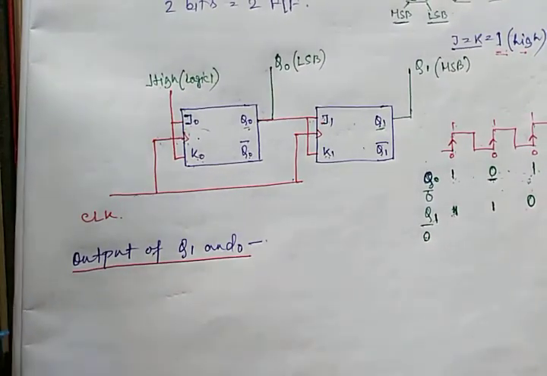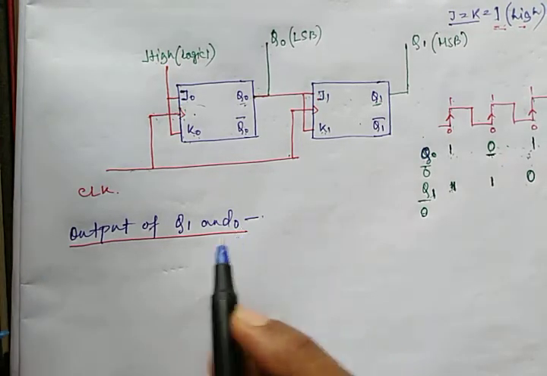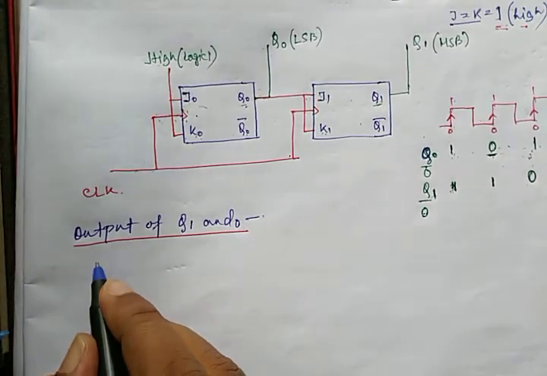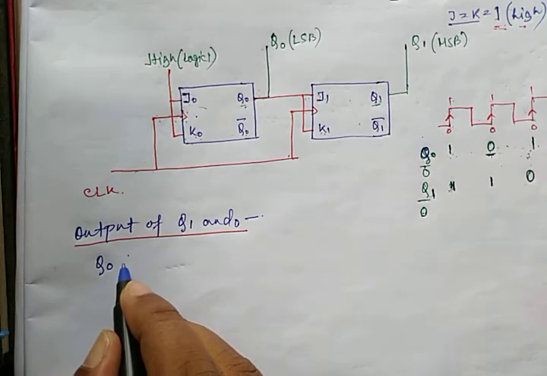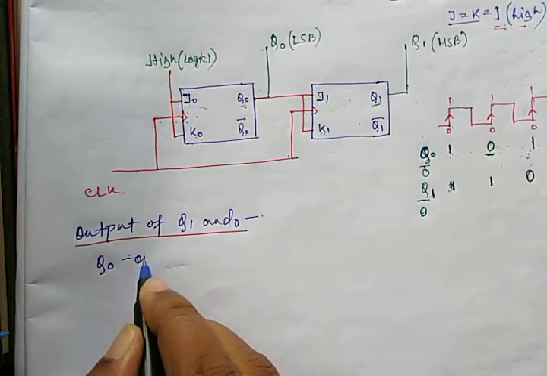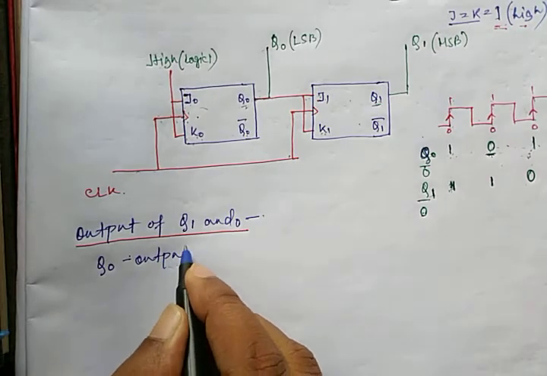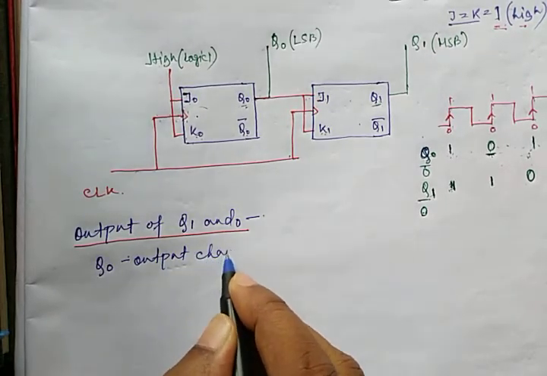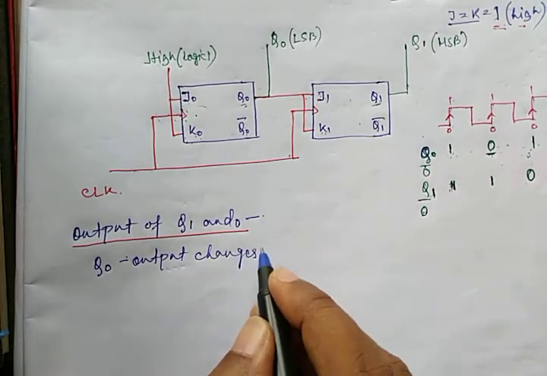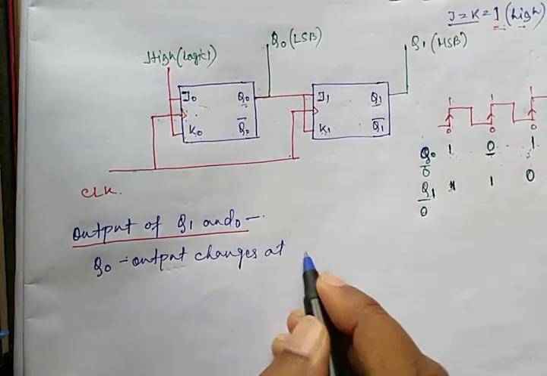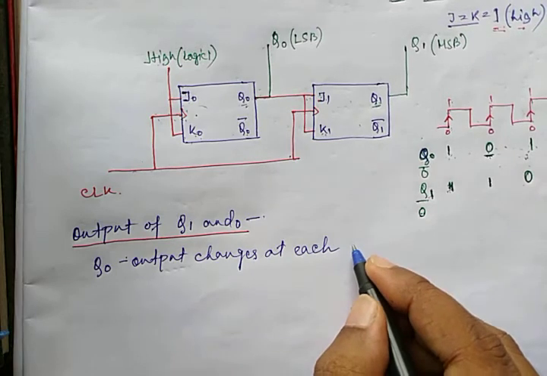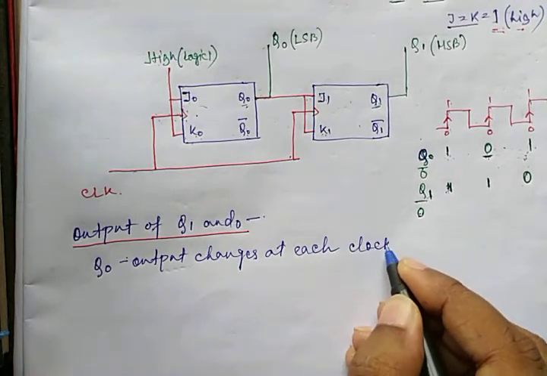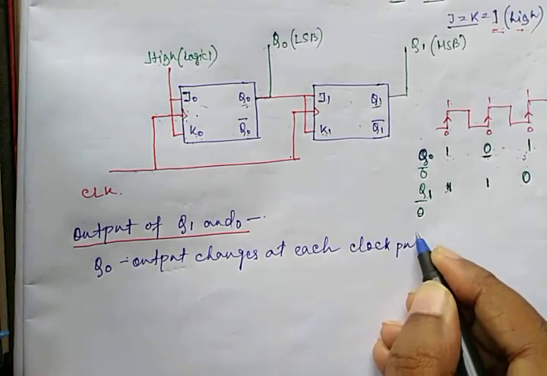We can say that the Q0 output changes at each clock pulse.